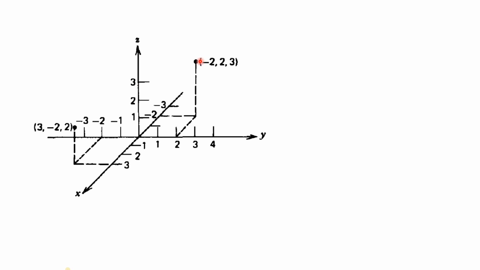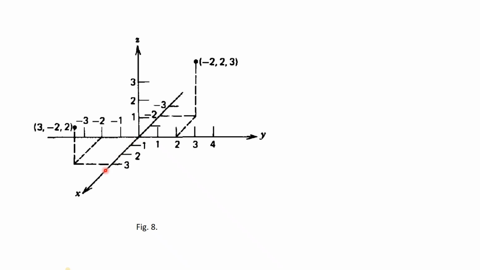Now this is the way of locating a particular point on the Cartesian coordinate system. I am just giving you a brief idea before. This diagram, figure number 8, shows the axes which I was talking about: x-axis, y-axis, z-axis, all have a positive direction as well as a negative direction.